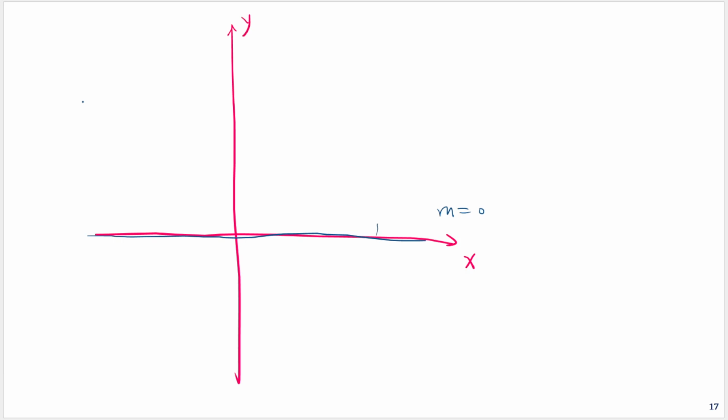As we turn the line counterclockwise like this, the slope of this line is increasing from 0 all the way to positive infinity, right? And when the line is vertical, or perpendicular to the x-axis here, m is undefined.